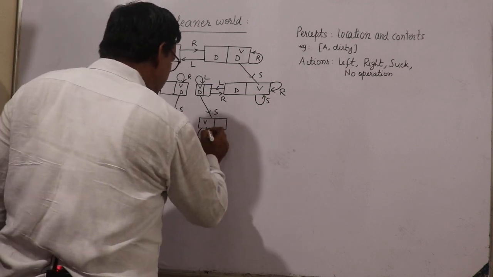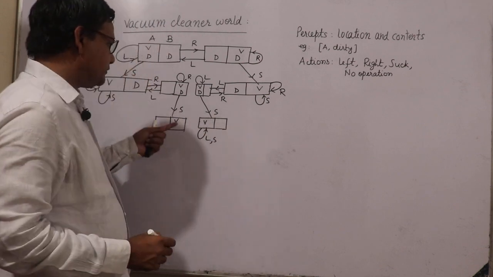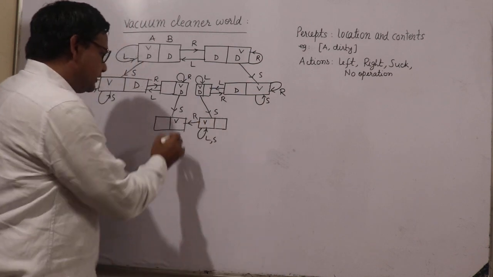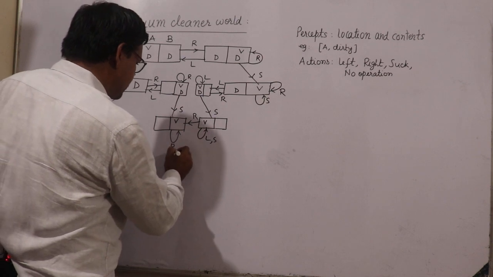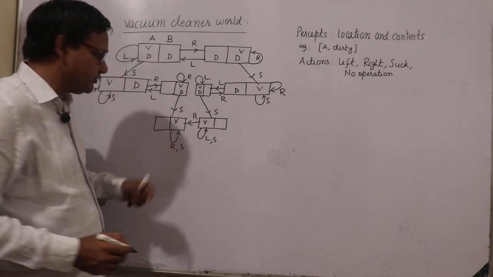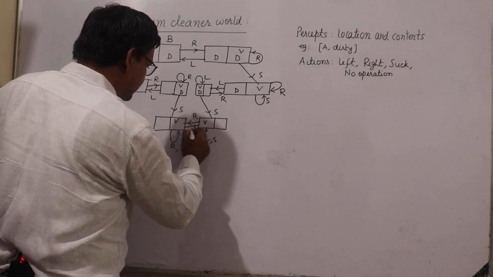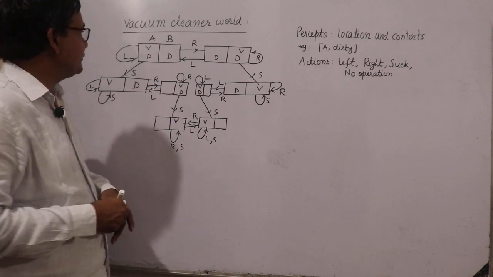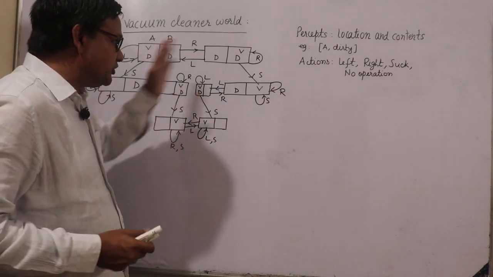If it sucks, then it will be in this room. If it moves in the right direction, it will come here. If it moves in the right direction or it sucks, it will remain in this state only. If it moves in the left direction, it will go to room A. So this is the vacuum cleaner word problem transition diagram.